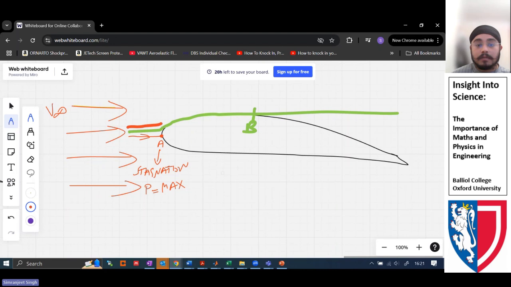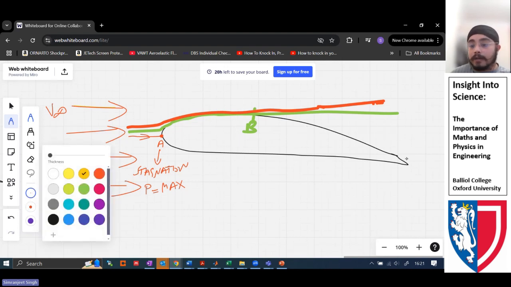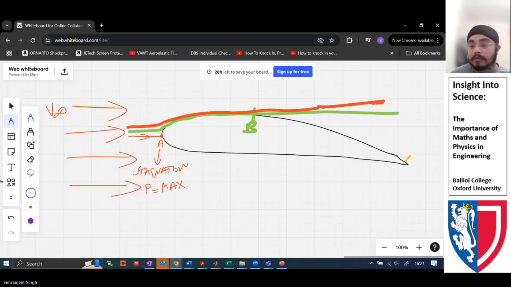This comes here and separates here. What I said earlier is that we ideally want air to separate at the trailing edge of an airfoil in order to reduce drag. This is the leading edge, sorry, and this is the trailing edge.